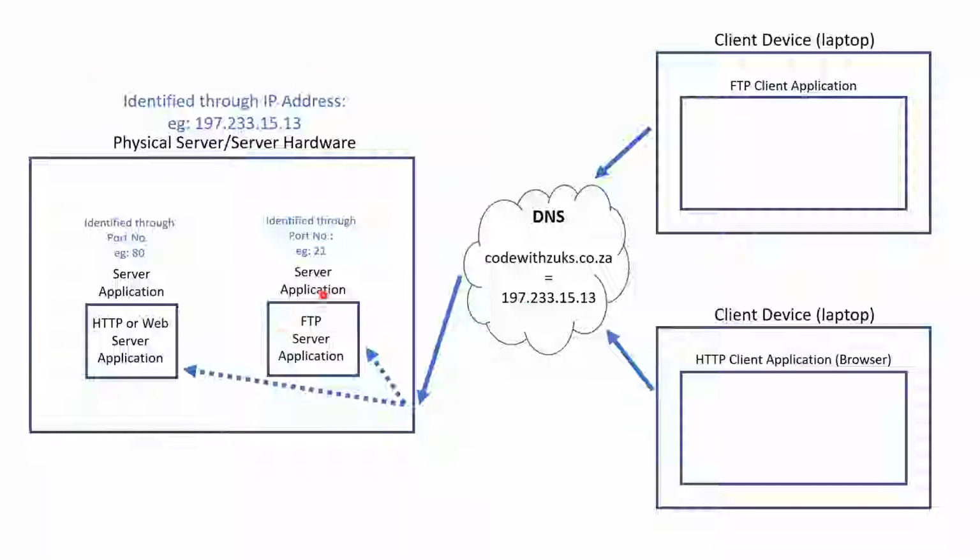And then on top of this, each of the applications that are then running on the server have a port assigned to them, such that the IP, or indirectly the domain name, together with the port number allows a client device such as a person's cell phone or laptop to be able to access the server, the hardware, through the IP address or indirectly through the domain name, and then through the port number they are able to access a specific application that does a specific task for them, as is the case with software applications.